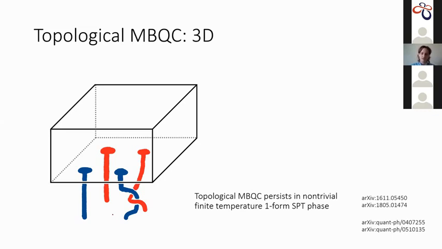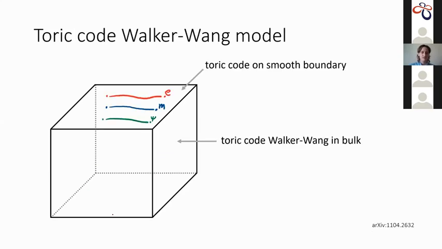Although I don't know if that's totally proven, at least in this case you actually have a non-zero temperature region of this SPT phase, and I think it has been shown that this works at finite temperature, without Hamiltonian perturbations, while you're still in this SPT phase. Let's say vaguely the idea is this should work as long as you're in this SPT phase, and I will talk more about why I think that is in a minute.